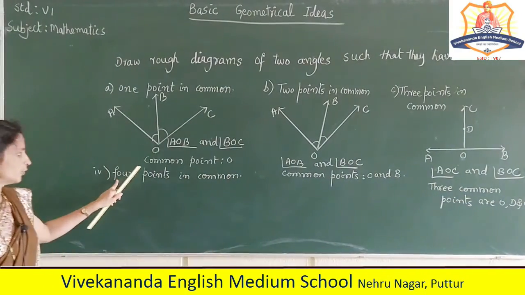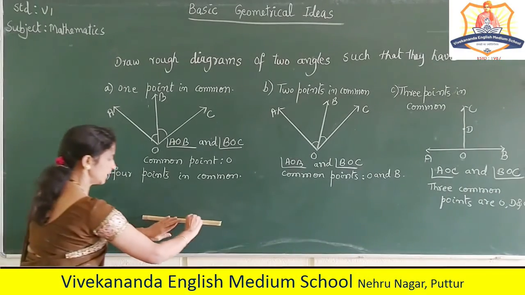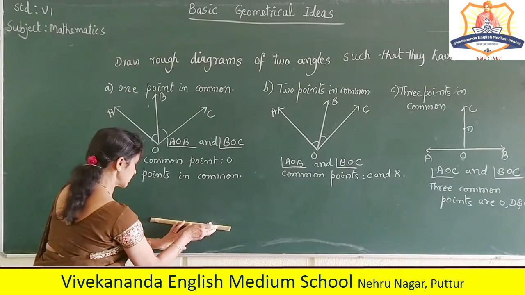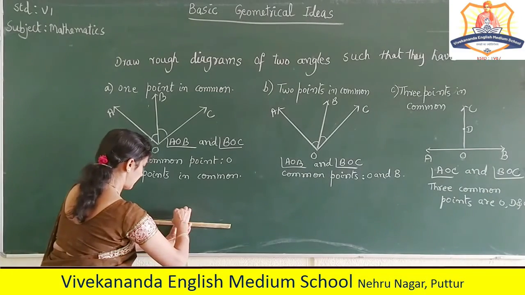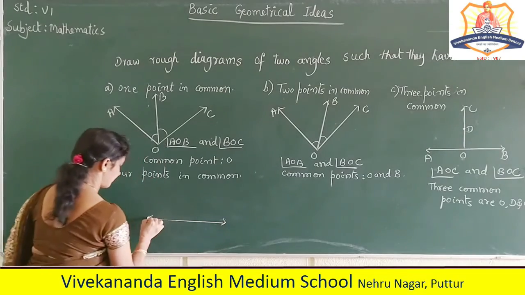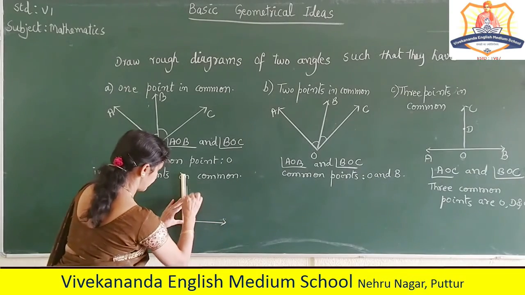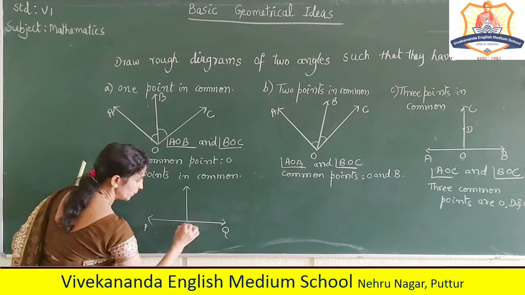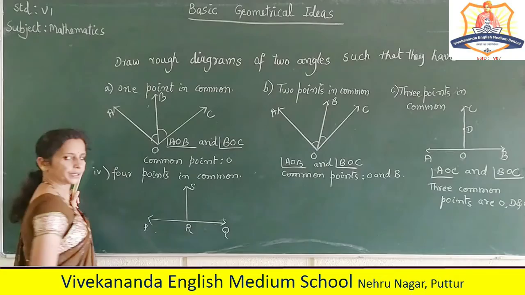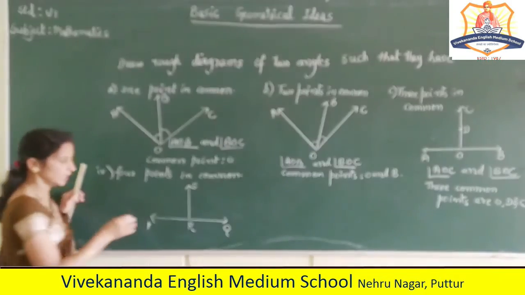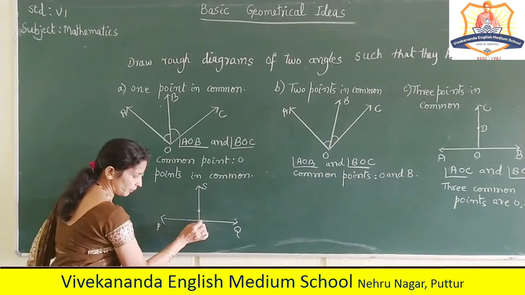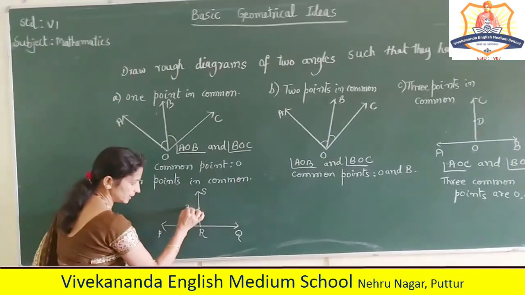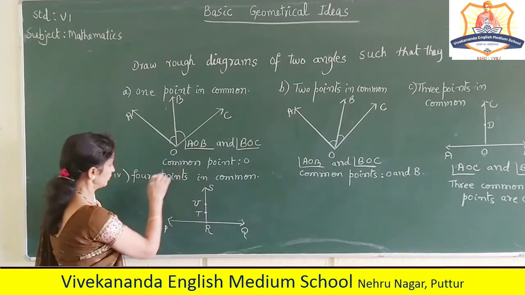Now the next one, 4 points in common. So we can draw the same figure as we have done in the third question. Now we write P, Q, R, S. Okay, we have mentioned different names here. Here we mark 1 point R, then another 1 point T, another 1 point U. There should be 4 points.